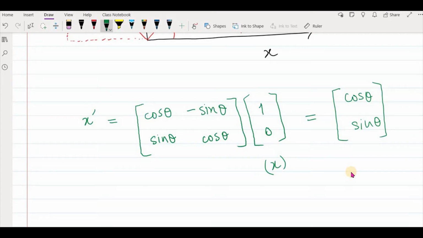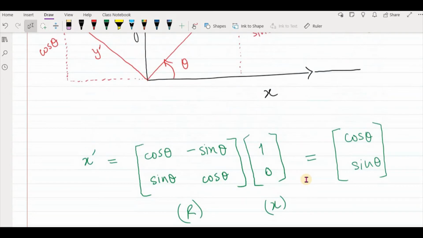So if you want to find the x component of the new coordinate, the unit vector, you just have to multiply the rotation matrix R with the x component of the original unit vector along x-axis. When you multiply both, you will get this one here.